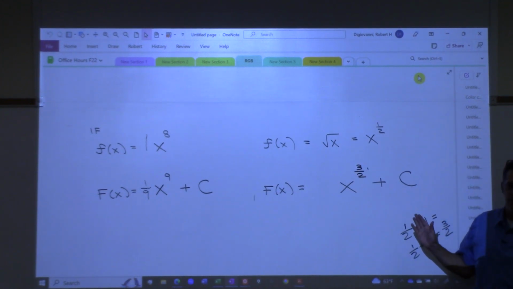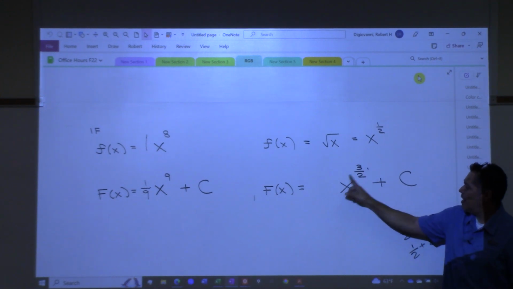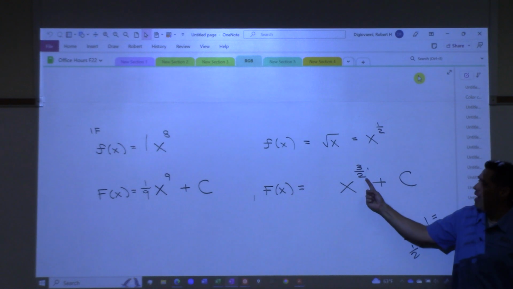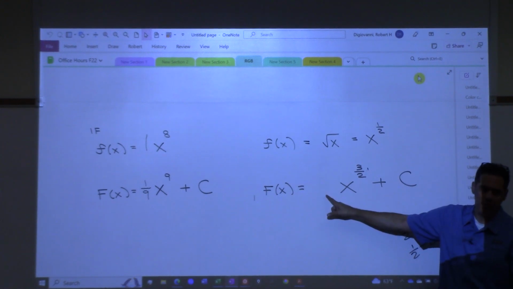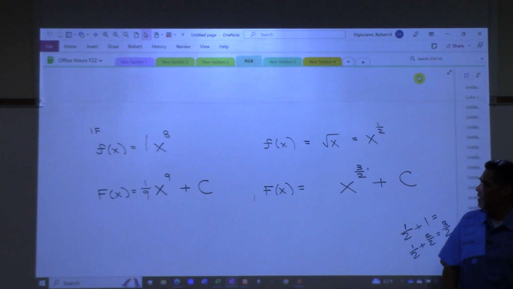That's not quite going to do it though, right? Because if I put a 3/2 here, yes, when I bring that down and subtract 1, I will get a half, but I bring that down and it's a 3/2 in front. I don't want 3/2 in front. What do I want? A 1, right? So how do you kill off a 3/2? 2/3, right? Hit the 3/2 with a 2/3, with its reciprocal.